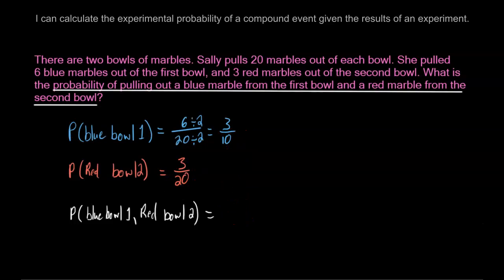So it will be equal to 3 over 10 for the probability of pulling a blue out of bowl 1, times the probability of pulling a red from bowl 2, which is 3 over 20.